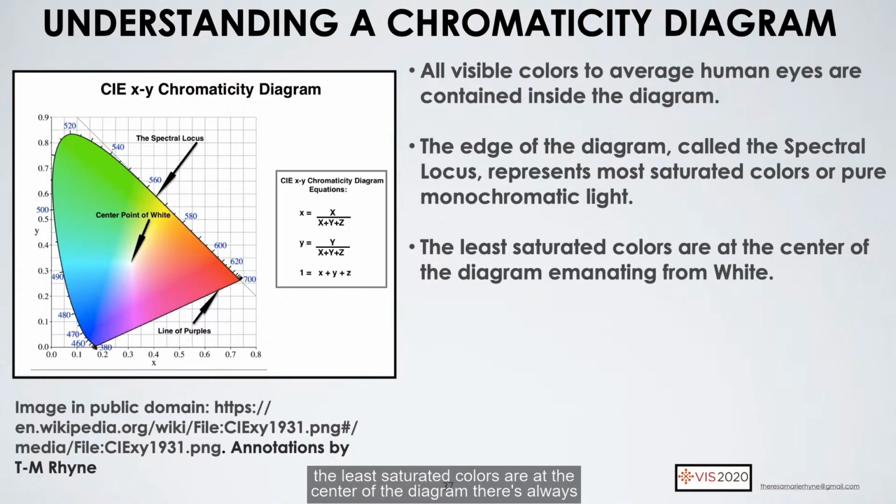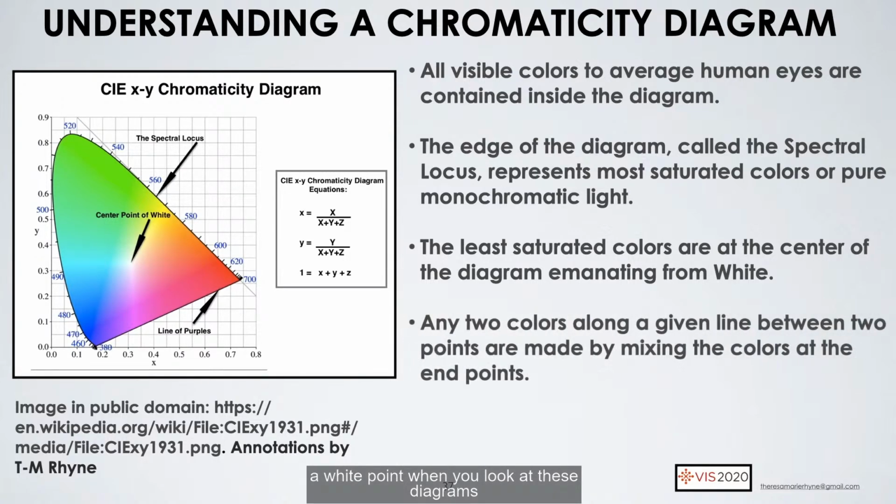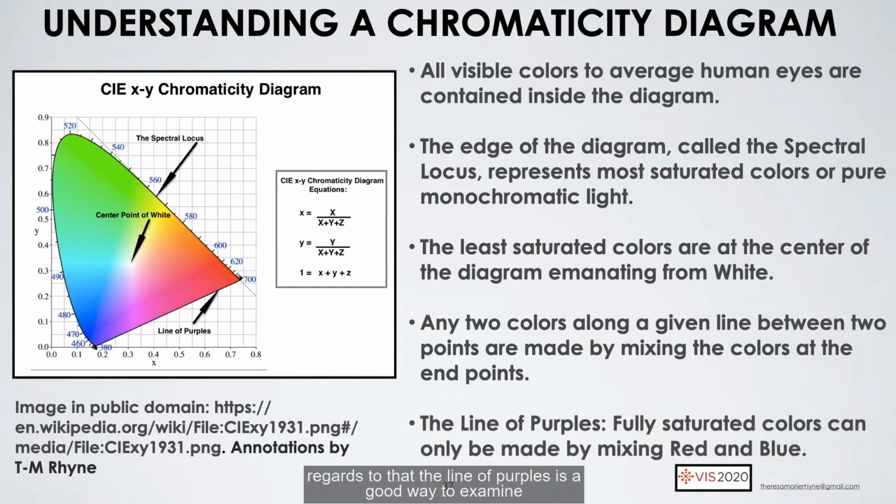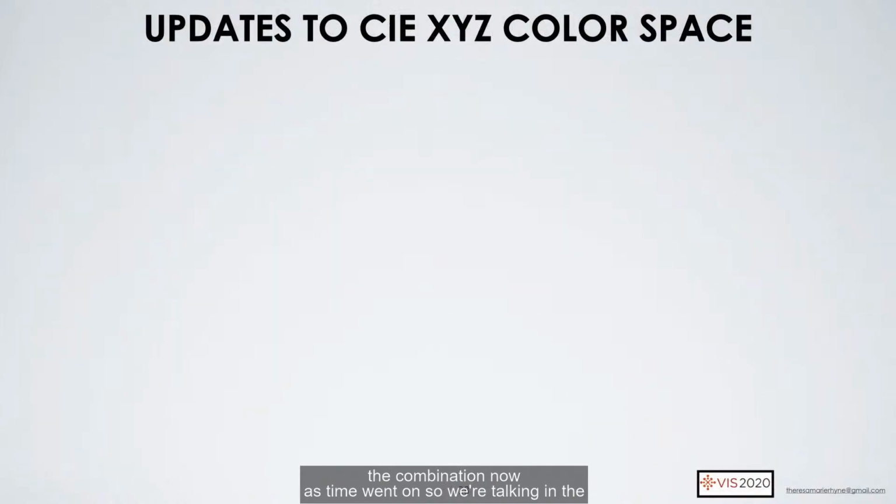There's always a white point when you look at these diagrams. Any two colors along a given line between 2 points are made by a mix of the colors at the endpoints. So if we're looking at the line of purples down there, we can get magenta when we combine red and blue together. That's basically what's going on there. The line of purples is a good way to examine the combination.